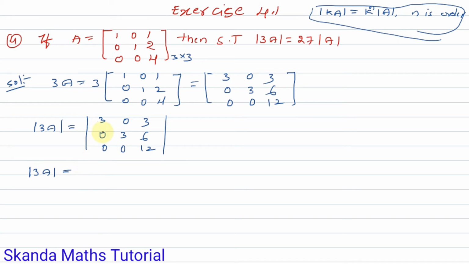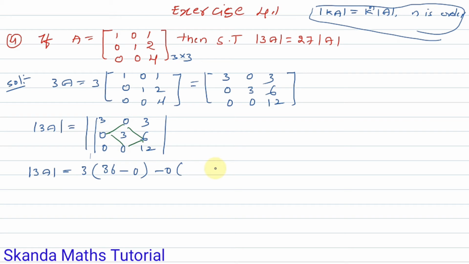First column means 3 as it is, and this row and this column are cancelled. So 3 times (12 times 3 is 36 minus 0 into 6). This value is 0. Next the entry is 0, and again here it is 0.